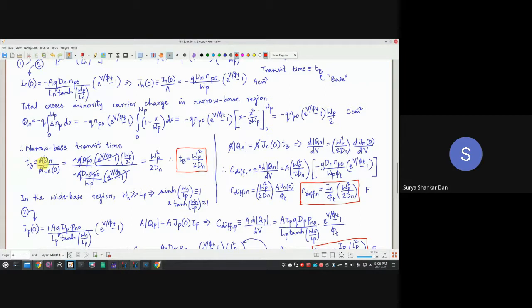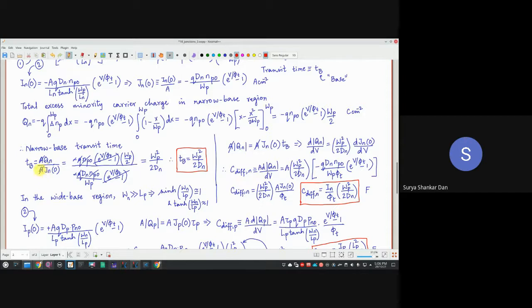Remember, what is the unit of Qn? Coulomb per centimeter square, right? If I multiply with the area, that is the cross-sectional area of the base of the BJT, then A into Qn gives you the total charge inside the base region, divided by the total current flowing through the base.